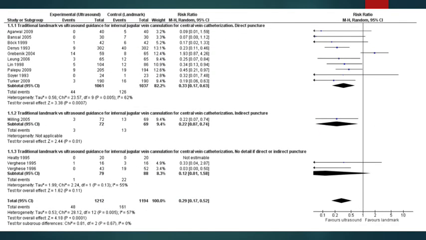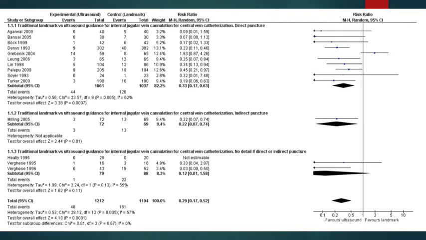Hopefully this projects well, but this is probably the key forest plot of the entire Cochrane review. This Cochrane review was from 2015, and it used 35 trials of landmark versus ultrasound guided IJ central line insertions, just above 5,000 participants.